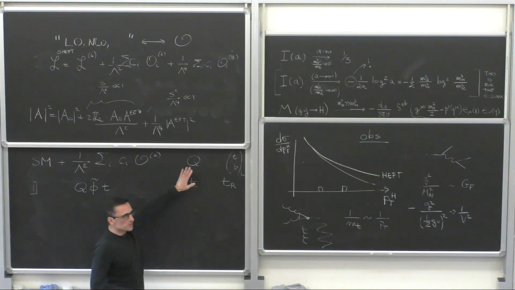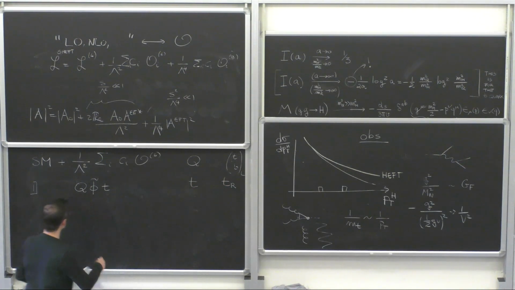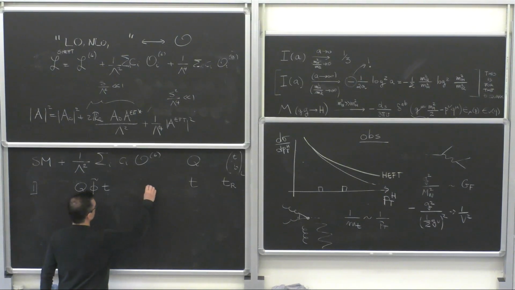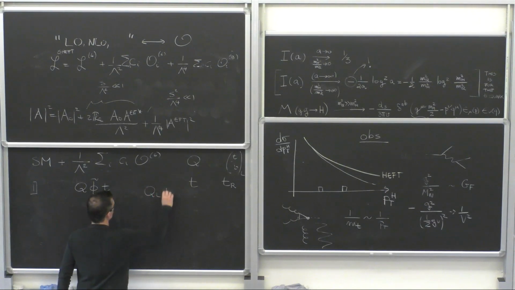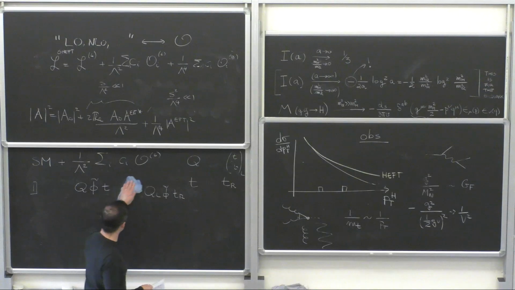So it is what people do in SMEFT papers to save space, right? So this is the doublet which is left, and this is the top, which is right. So in this case, this thing really will be Q left, phi dagger, t right, in a normal notation. Okay, but I'm using a compact one.